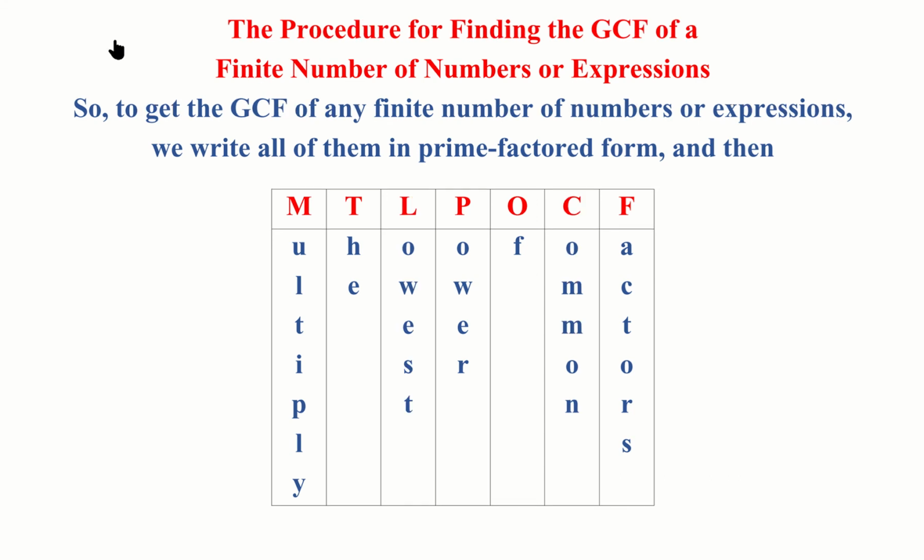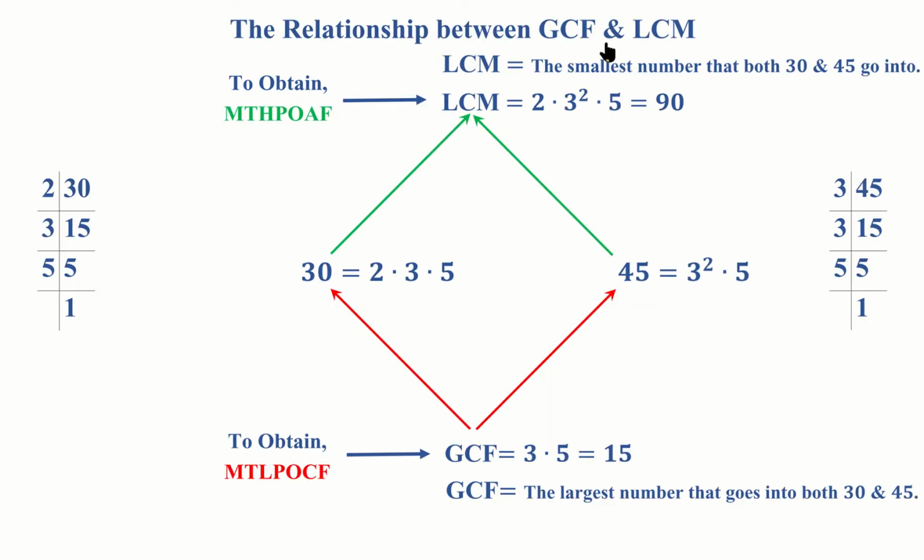Just wanted to quickly remind you, the procedure for finding the GCF was closely related. To find the GCF, we multiply not the highest, but the lowest powers of the common factors, okay? So with LCM, you multiply the highest power of all factors, but for GCF, you multiply the lowest power of only the common factors.